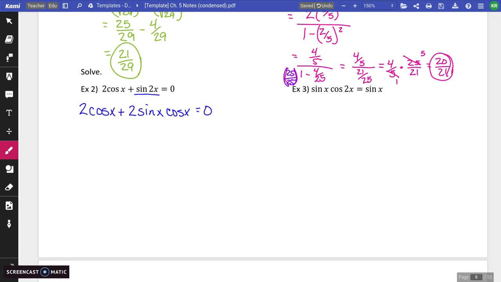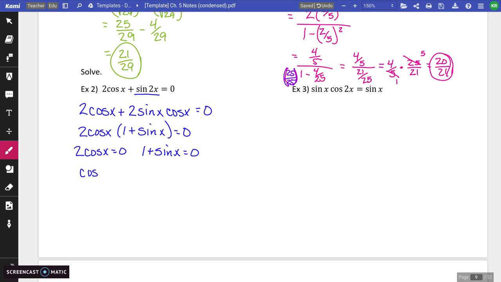Okay, now the reason I'm doing that is I can take out a common monomial of 2 cosine, and I will have 1 plus sine x remaining. So now that it's factored, I'm going to put each of my factors equal to 0.